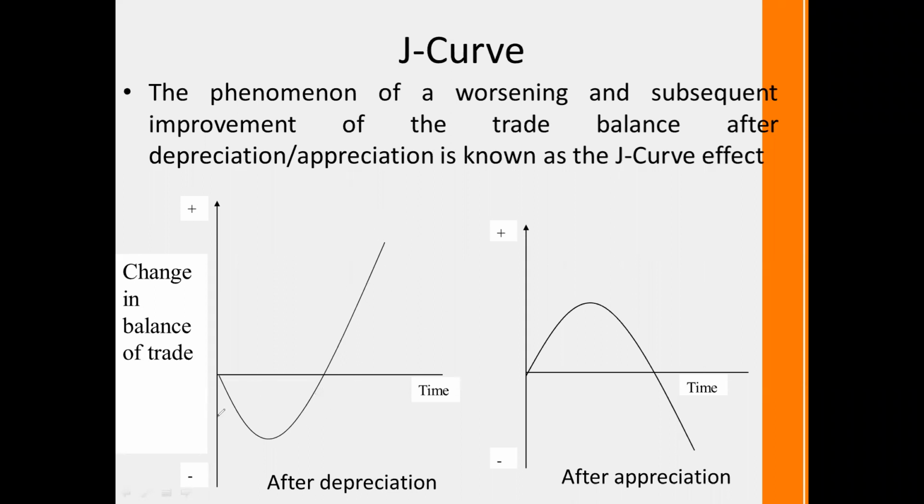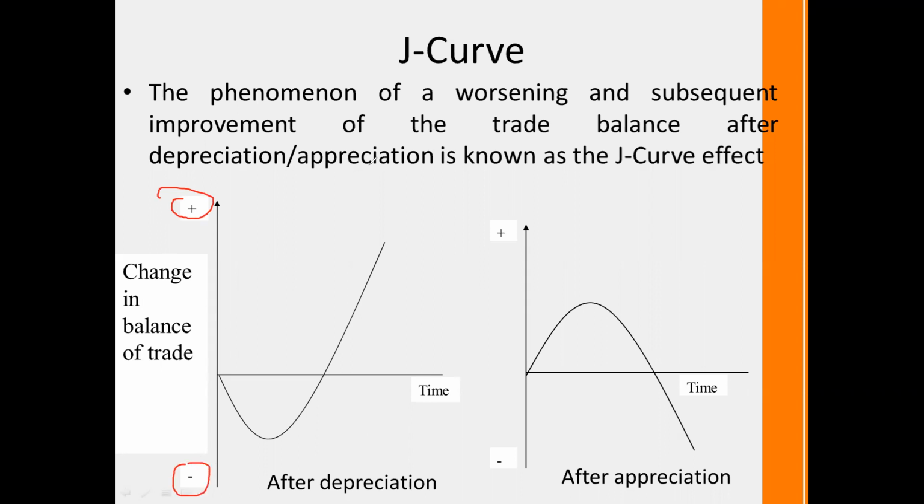We call it the J curve effect. Now you can see, let's see the depreciation. Okay, now domestic currency is depreciating. This shows the changes in balance of trade, that is trade surplus and trade deficit.